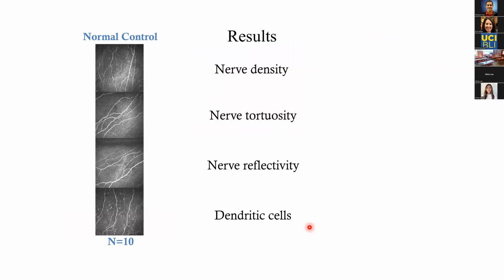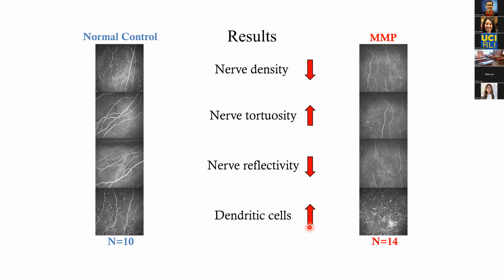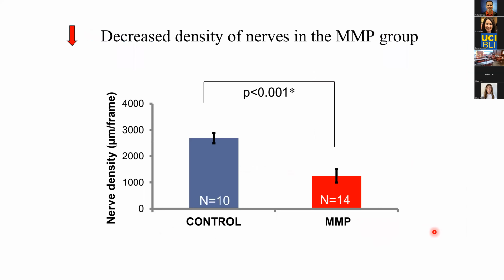So we looked very closely at the corneal nerves: the nerve density, which was lower in the diseased group, the nerve tortuosity, which was increased, and the nerve reflectivity, or how bright these linear structures look on confocal, was decreased. And the normal eye has a few dendritic cells, or antigen-presenting cells of the cornea, but you can see a lot of them in the pemphigoid patients. So let's quantify this data.